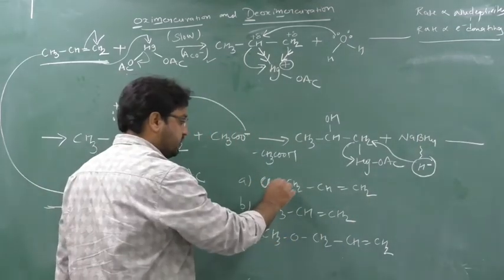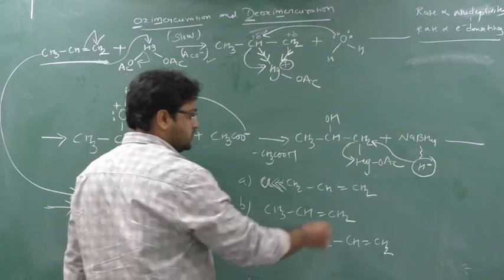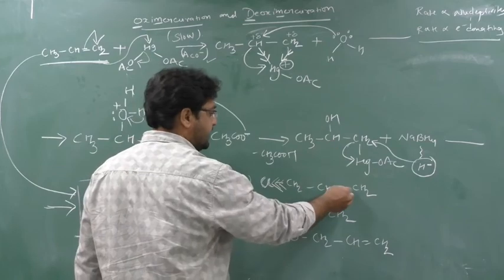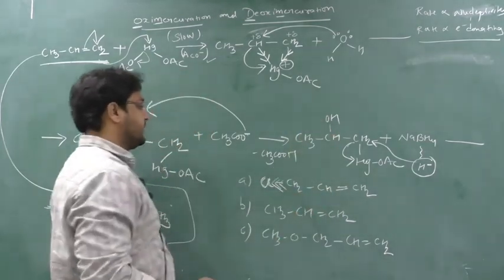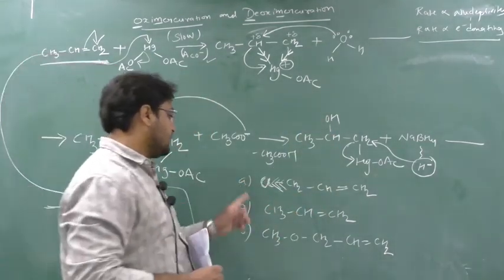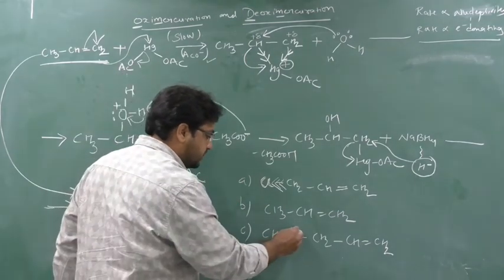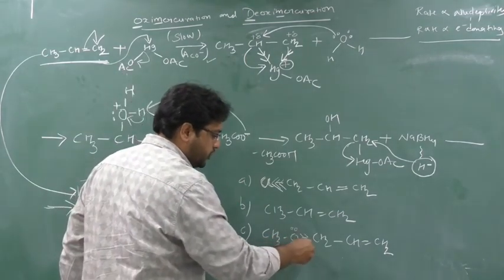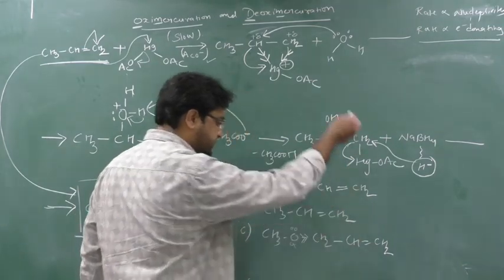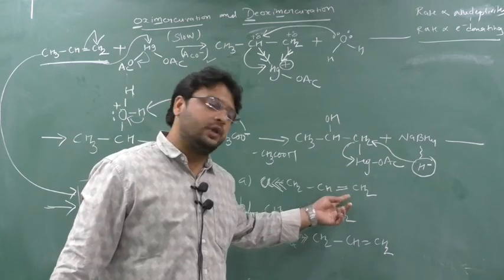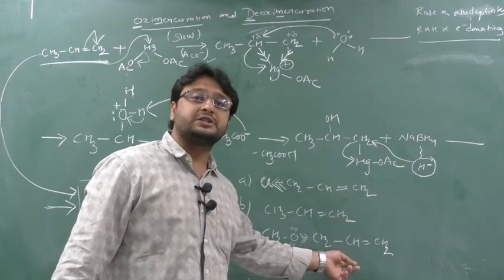So the electron will be withdrawn more and more, and as electron is withdrawn, the nucleophilicity of the double bond will decrease. And this is oxygen, which is an electron donating group. Electron donating means it will donate electron, so nucleophilicity will increase. Here nucleophilicity is decreasing to a very low value, and here it is increasing to a very high value.